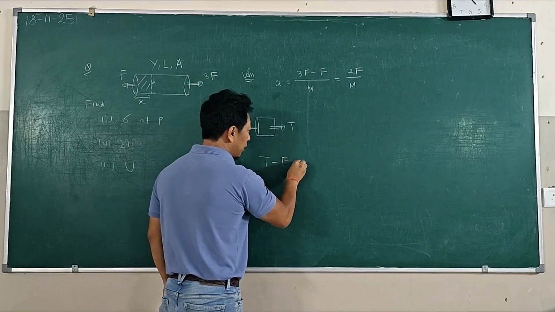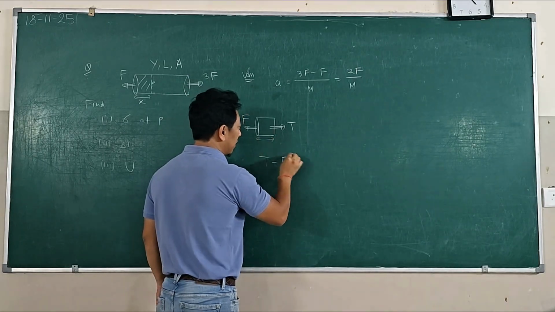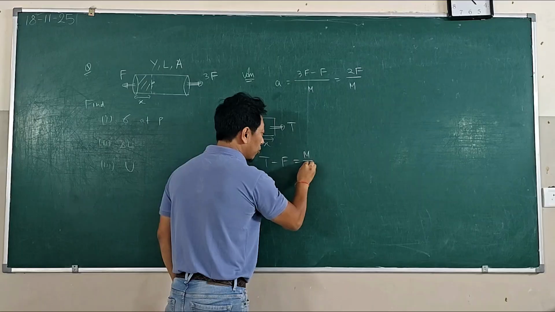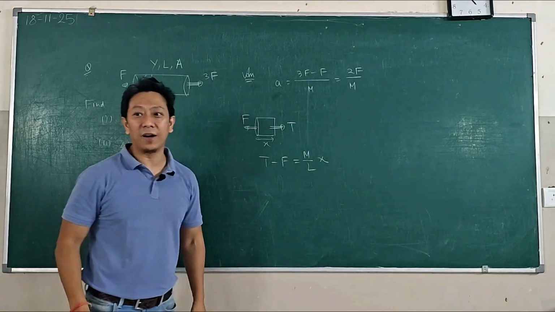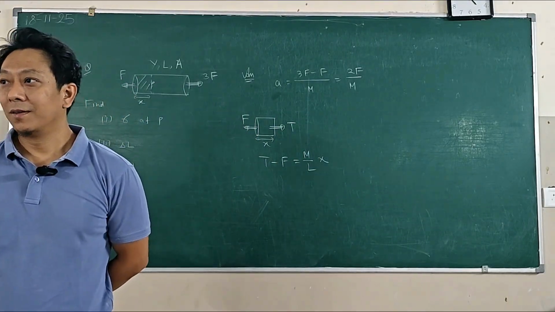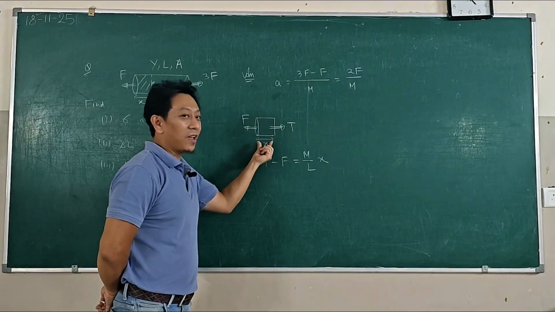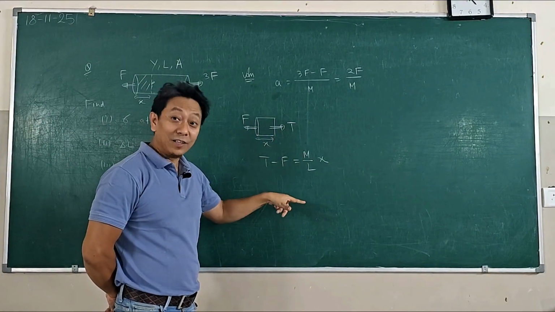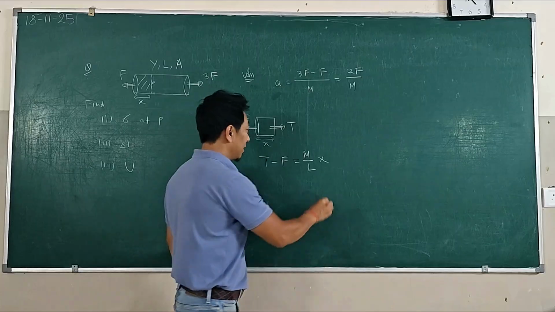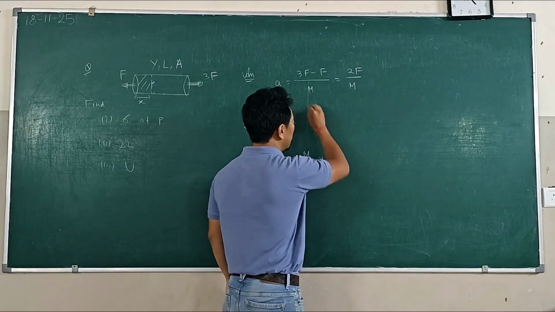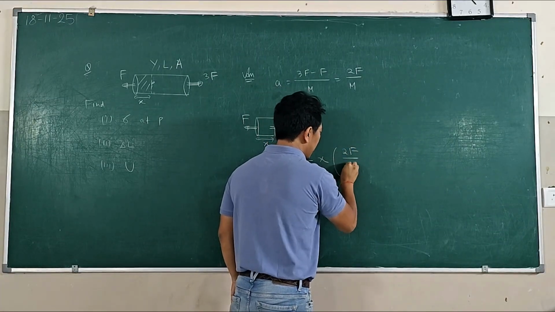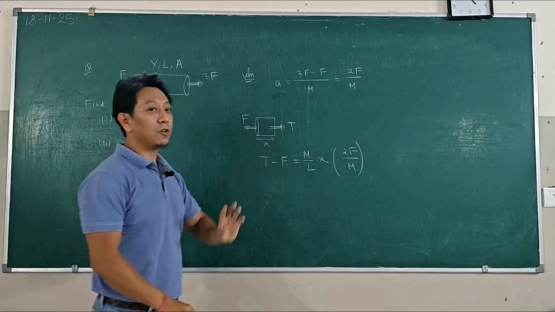Okay, now apply Newton's law to this. T minus F equals the mass of this part. You tell: total mass by total length into length of that part. How will you find the mass of this part of the wire? Total mass by total length into length of this part, into A. What is A of the system? 2F by M. Everybody clear how I use Newton's law?